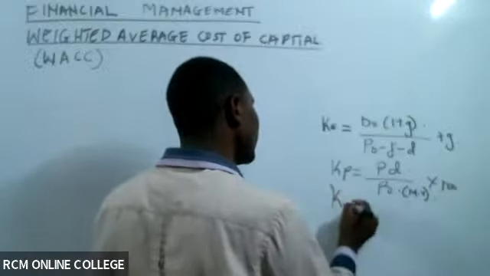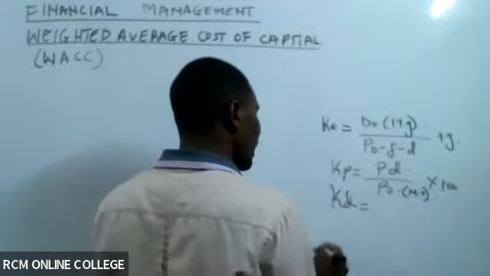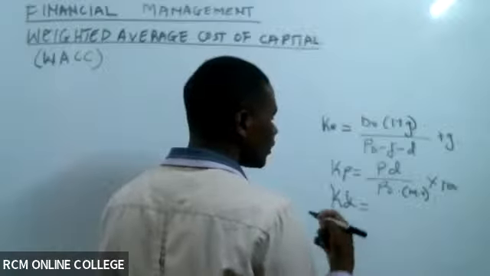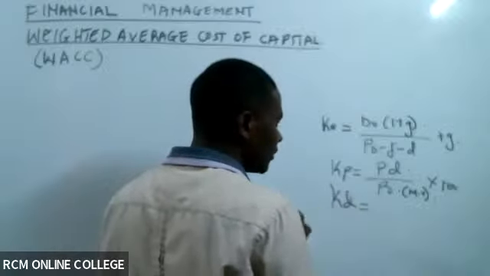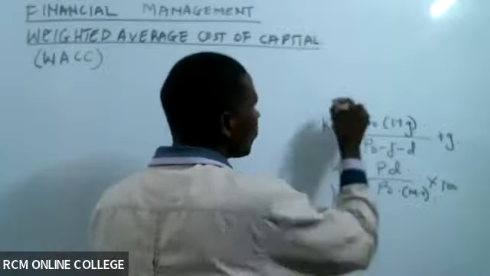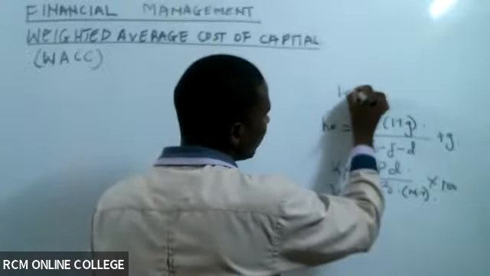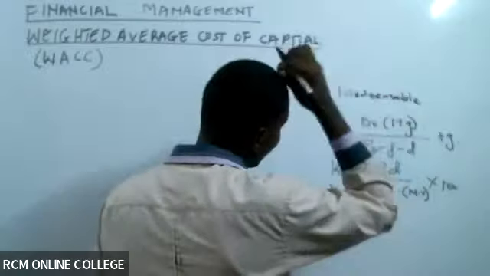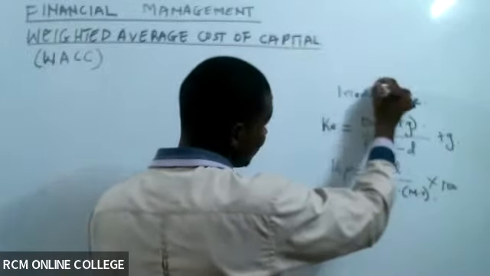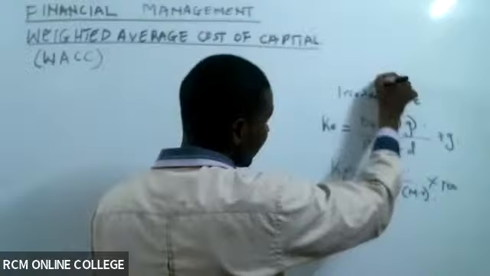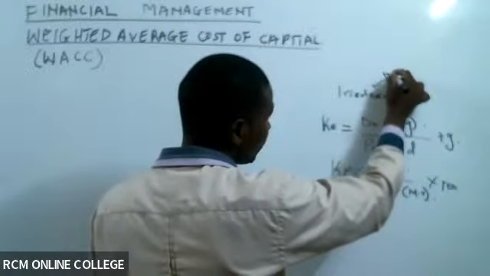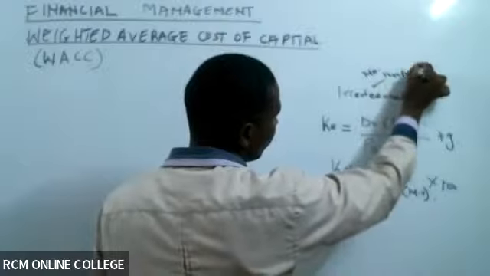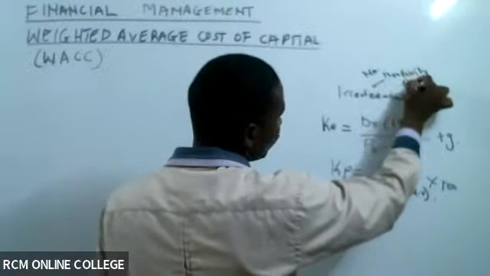Then KD, we said class, we have two types of debt: irredeemable and redeemable. Irredeemable debt is debt that has no maturity period.